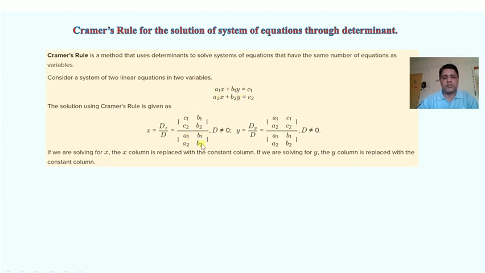So first we write determinant D equal to this one. Then determinant dx means this one. For the variable whose coefficients we are replacing, we leave out its coefficients, and we start with the right hand side and then come back to the left hand side.